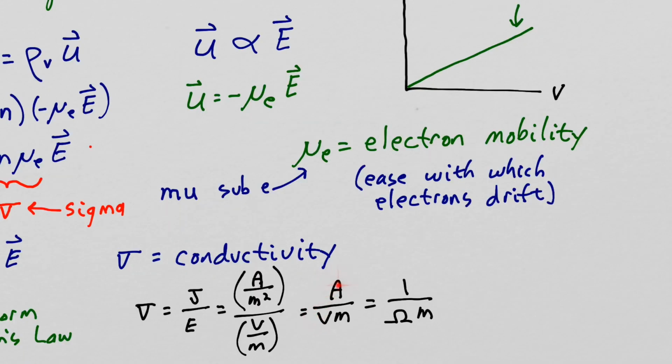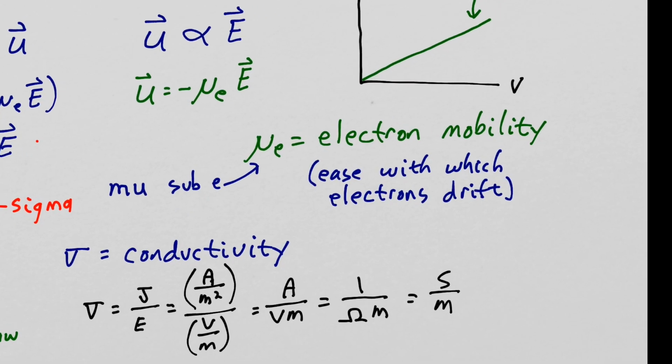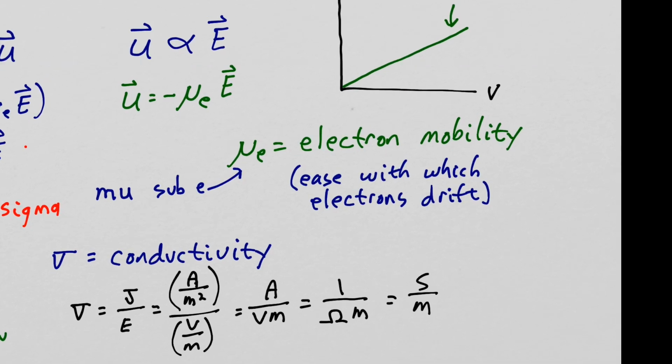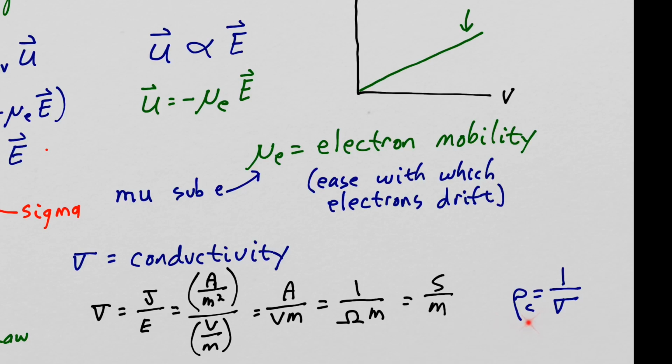So the units of conductivity is Siemens per meter. And 1 over the conductivity is what we call the resistivity. The symbol for resistivity is rho sub C. So we see the units of resistivity is going to be ohm meters.